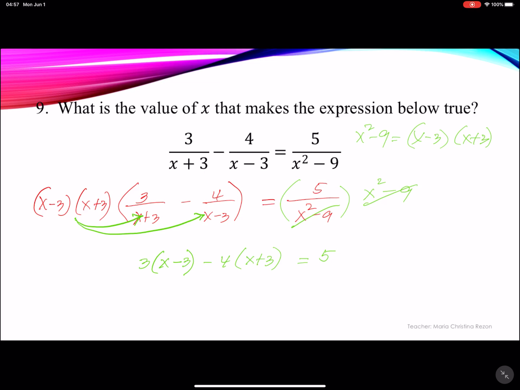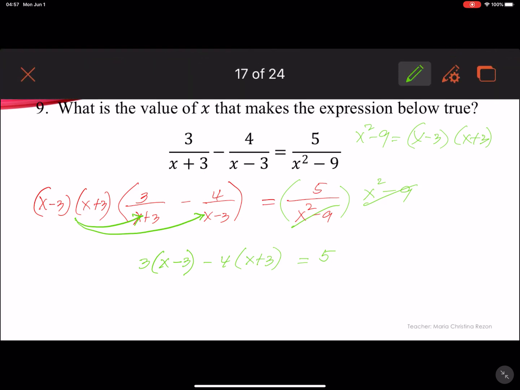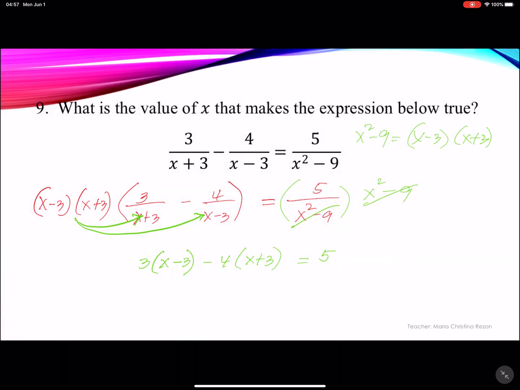Then simplify further. So you will have 3x minus 9. Then you have negative 4x minus 12 is equal to 5. Simplify further.